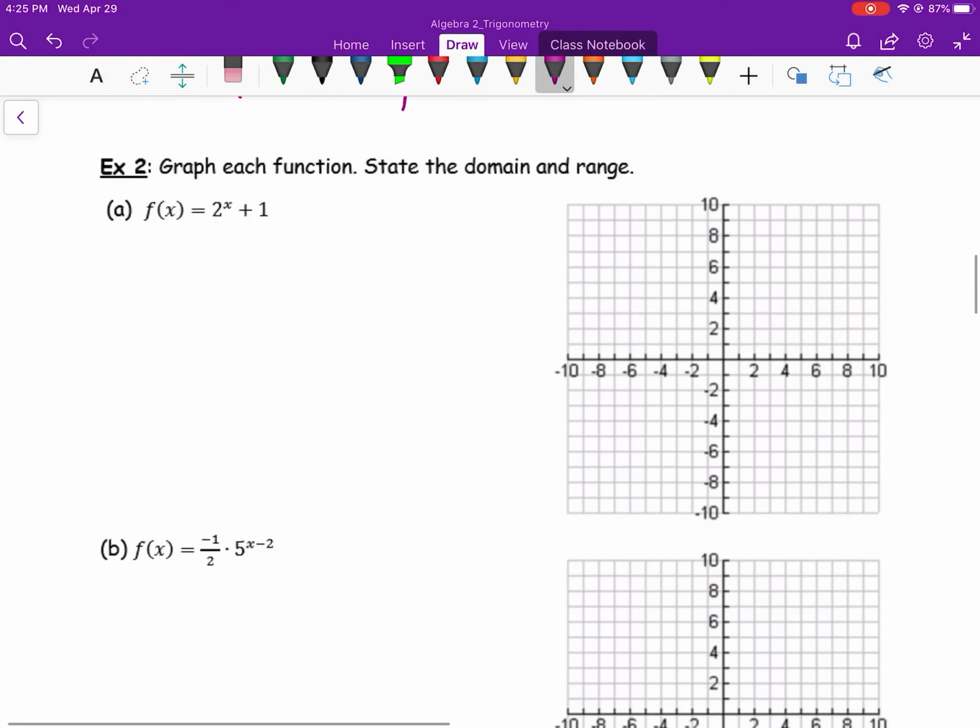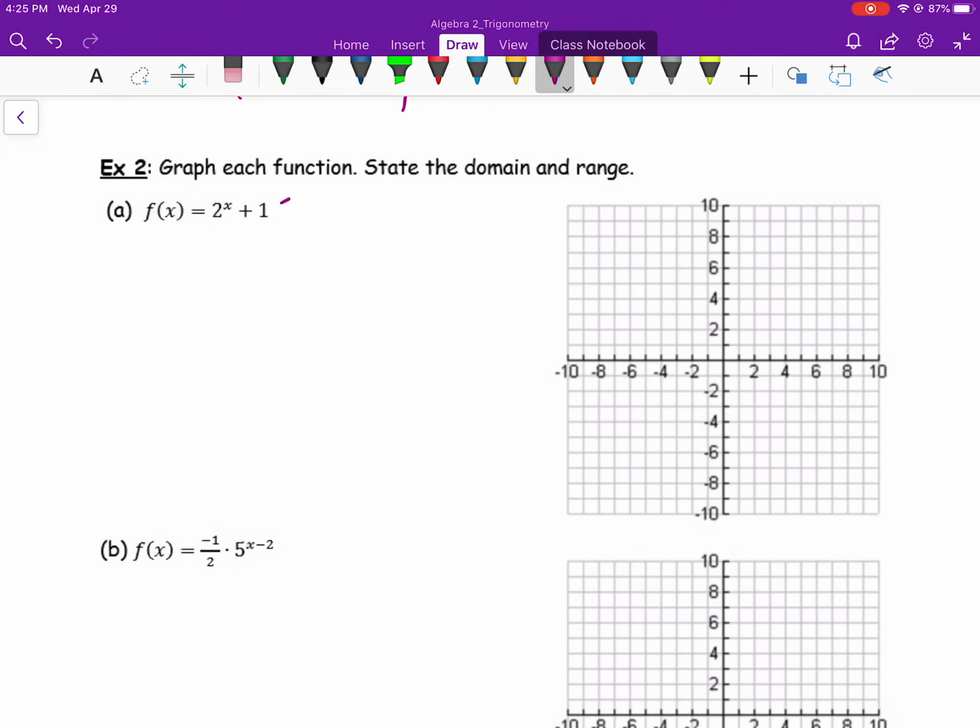Okay. This is example 2. This is our k. So our horizontal asymptote is f of x equals 1. That means our graph is shifted up 1 unit. So I'll sketch that in there real fast. Table x, f of x: 0, 1, 2, 3.